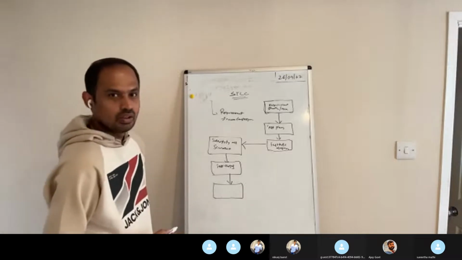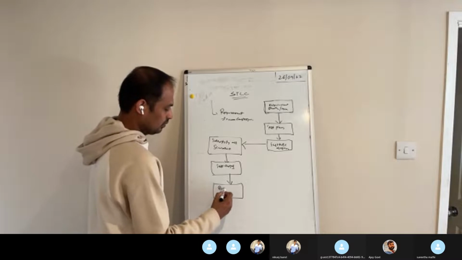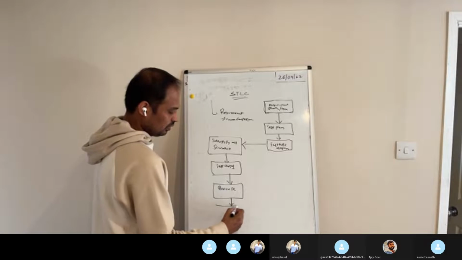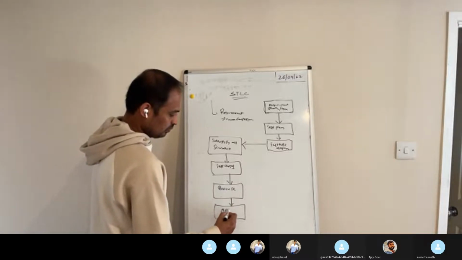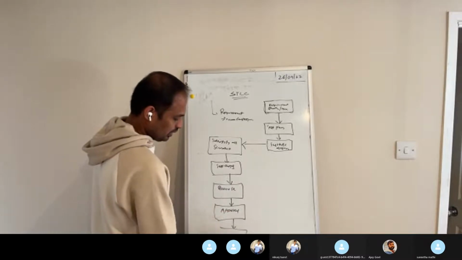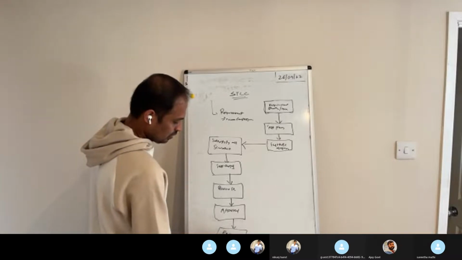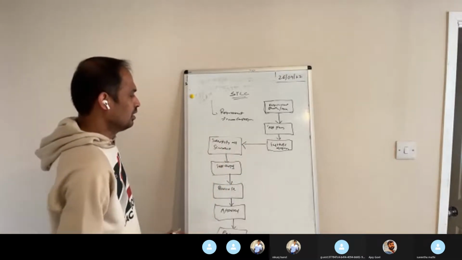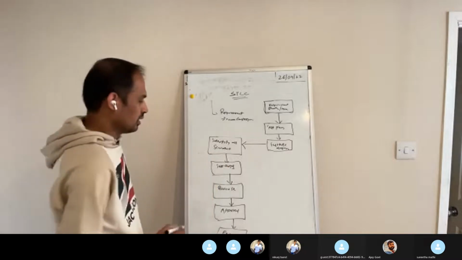We have to review the test cases. Next, we need to take an approval. Then we need to store it in a repository. This is the test case design, the steps that we follow to design test cases.